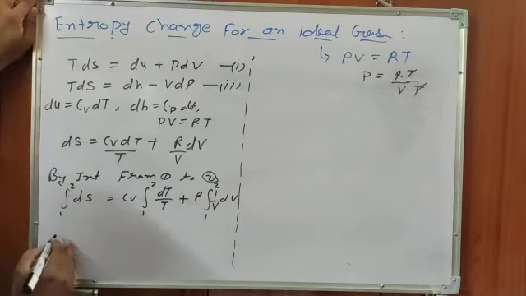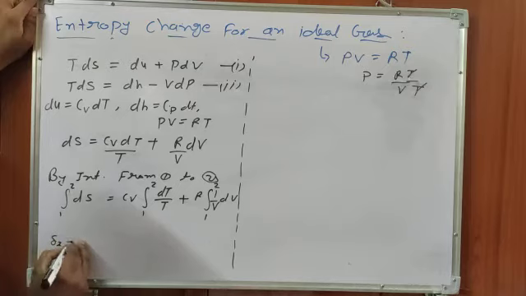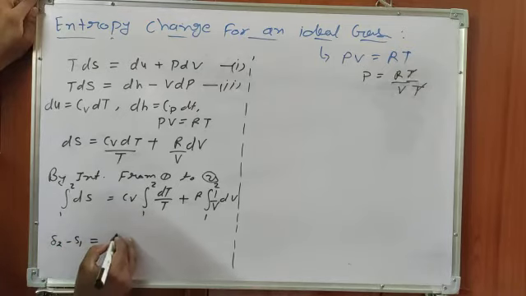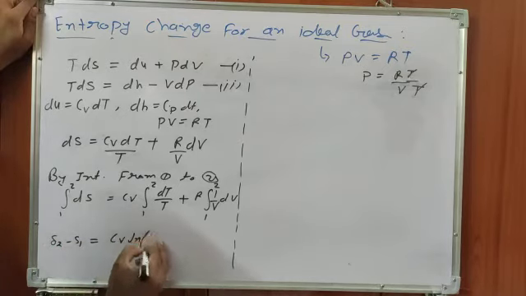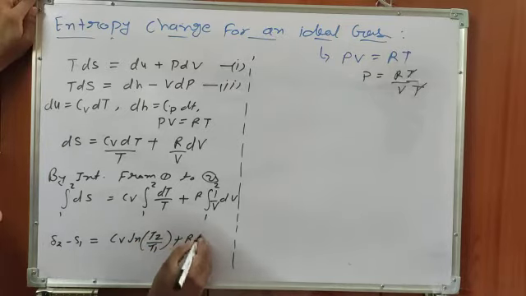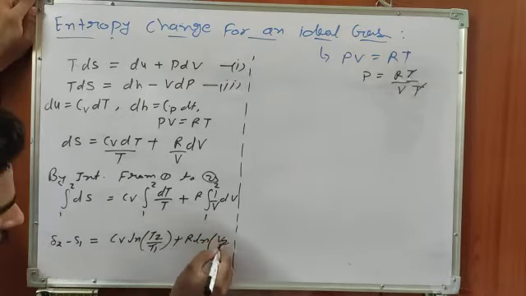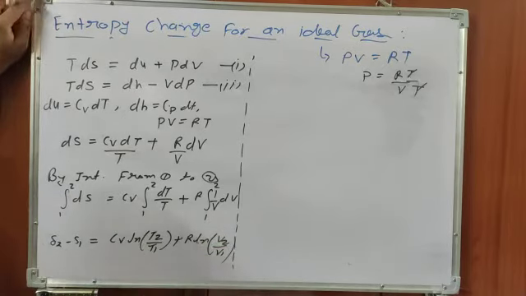Now integrating this, we can write S2 minus S1 is equal to Cv ln(T2/T1) plus R ln(V2/V1). So this is the entropy change for an ideal gas.